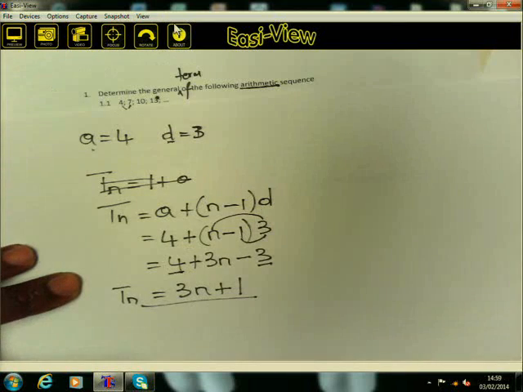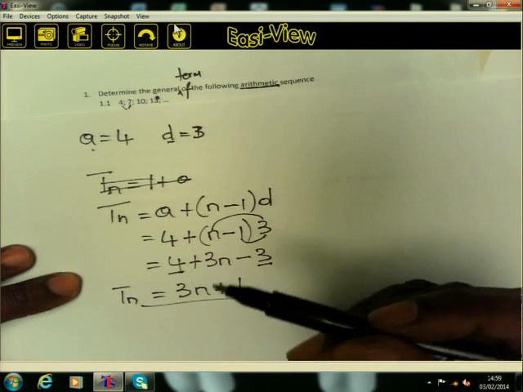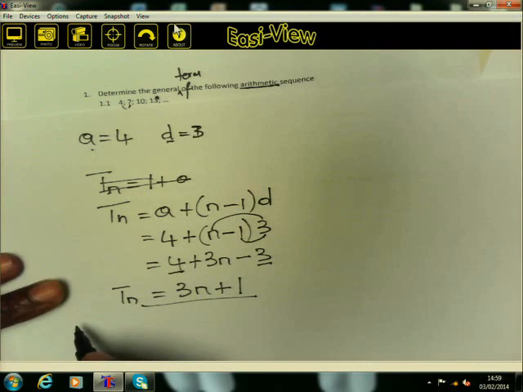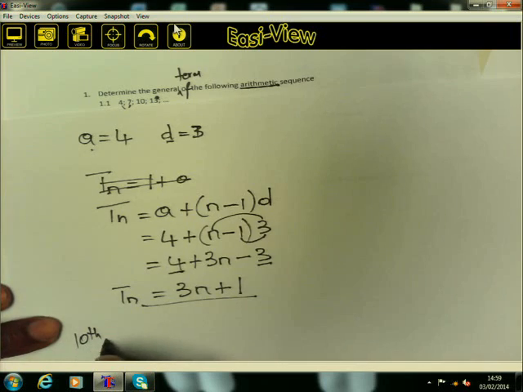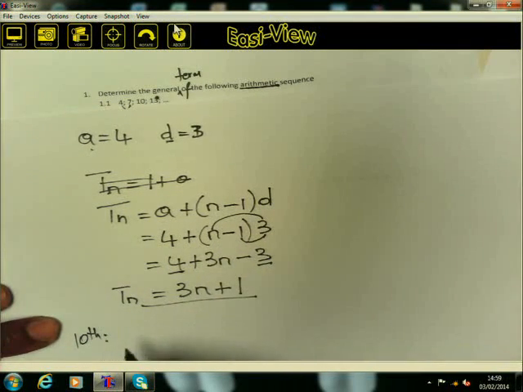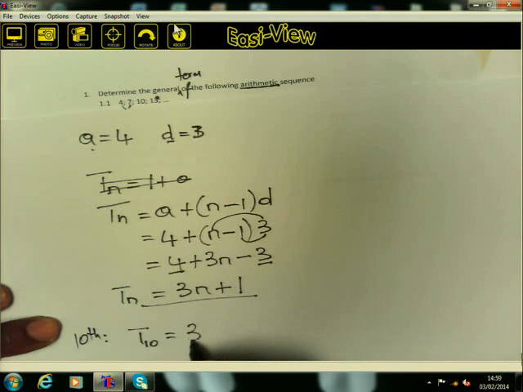Questions may follow from there. Find the 8th term. Find the 9th term of this particular sequence. So it will be easier for you. For example, if you are looking for the 10th term of this specific sequence, the 10th term will be nothing else but T10, which will be equal to 3 times 10 add 1.